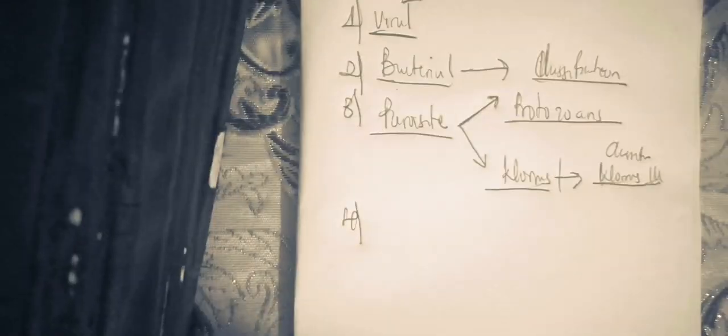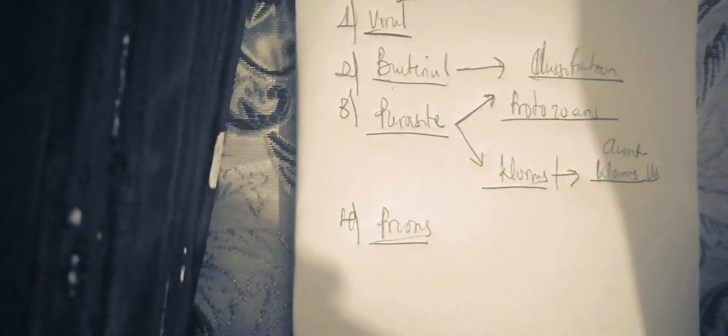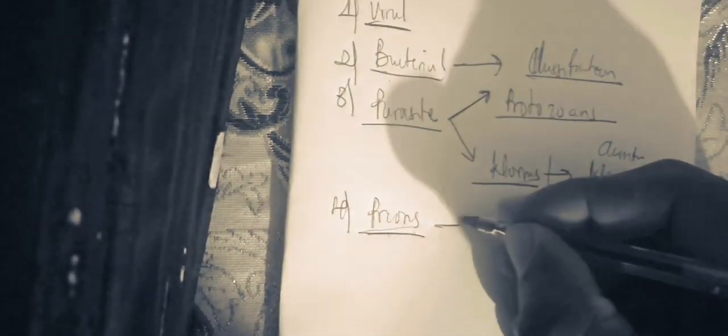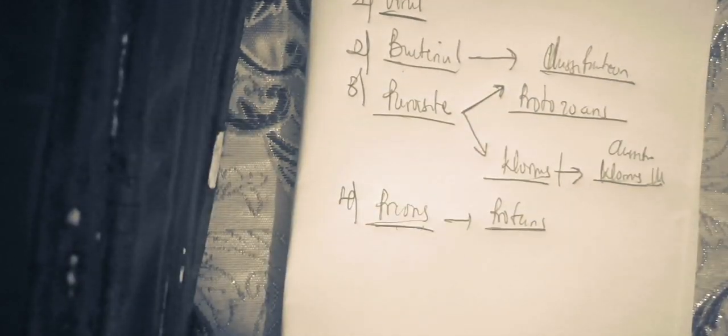The fourth type of microorganism that you have is the prions. Prions are just like proteins, but these proteins are capable of resulting in an immune response.